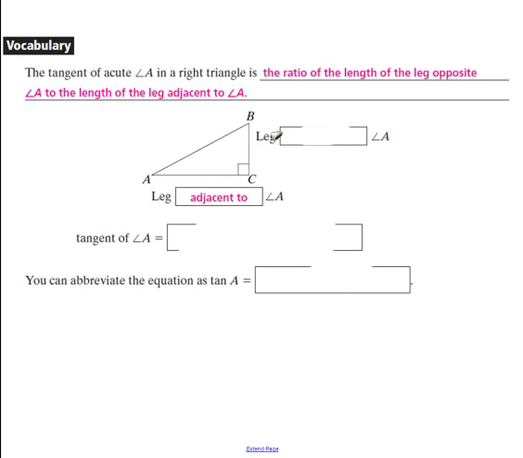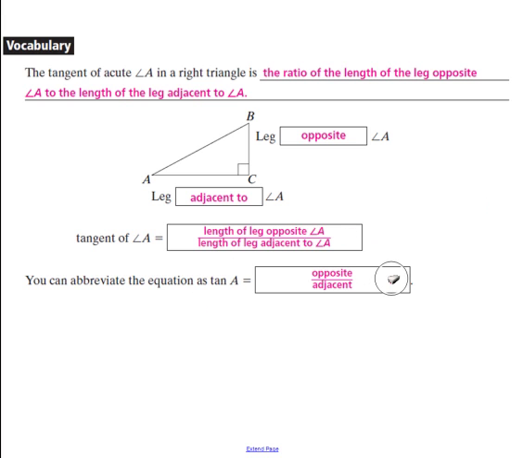This side over here is opposite to angle A. So the tangent of A would be opposite, which is BC, over adjacent, which is AC. So the length of the leg opposite over the length of the leg adjacent. So you can just write opposite over adjacent. And actually, eventually we'll just write O over A sometimes as well.